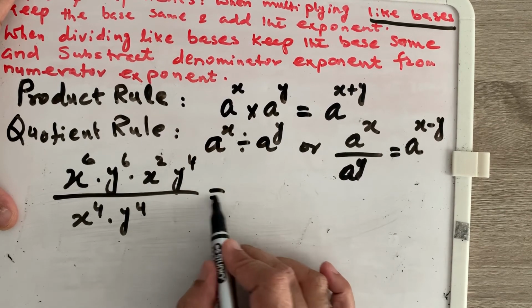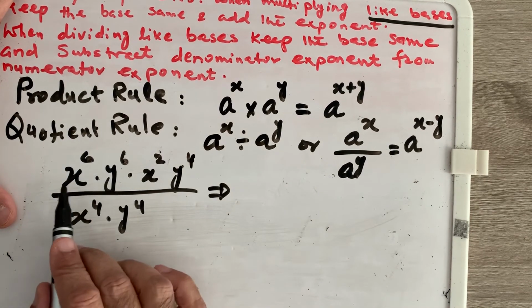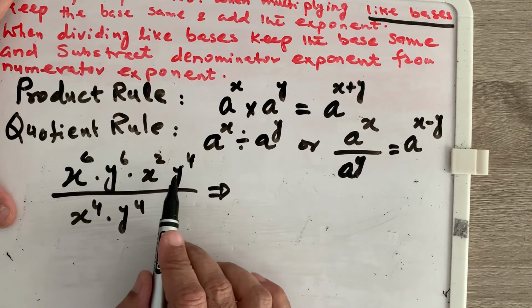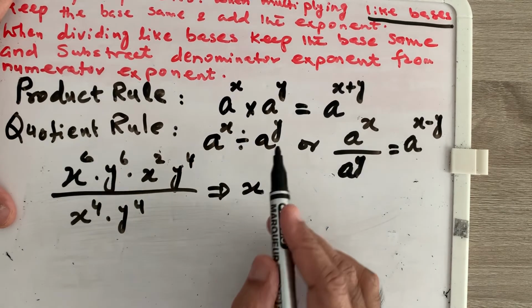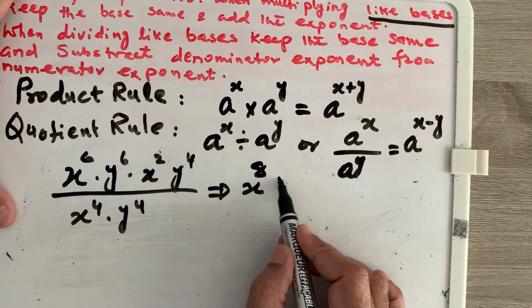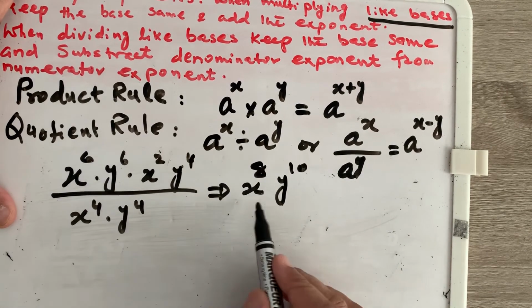Now, I have two variables here in total. So I will deal x with x and y with y. So x power is going to be added, 6 plus 2, which is 8, and y power is going to be added separately, which is 10, 6 plus 4.